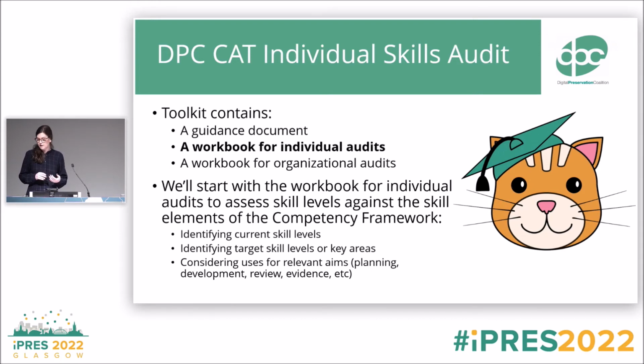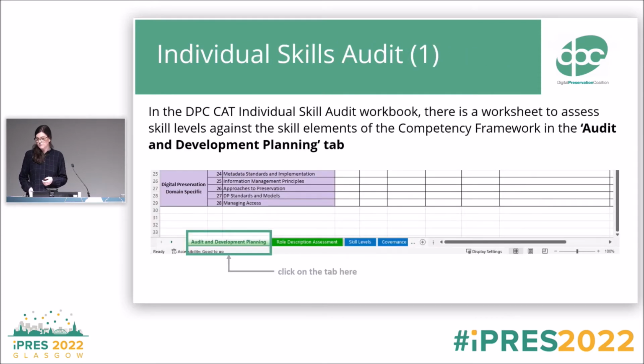So we'll be focusing on identifying your current skill levels and target skill levels, and thinking about ways to apply it to those motivations mentioned earlier. And here's where you'll find it. I will put this here in case you can't see it. If you go into the worksheet at the bottom, there is the Audit and Development Planning tab.